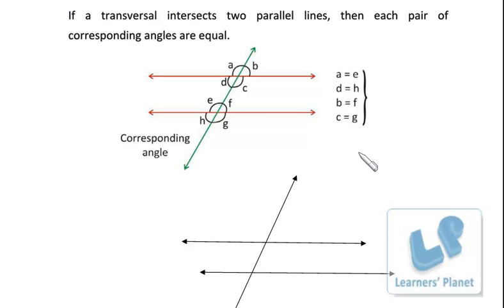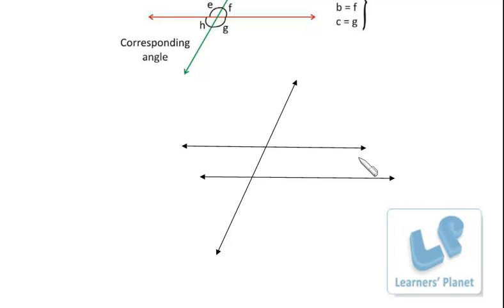Okay, now just name them A, B, C, D, E, F, G, H. Now we'll talk about various angles. The first is vertically opposite angles.